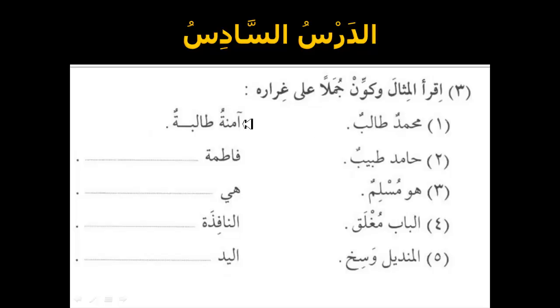No ta marbuta. So here Amina has a ta marbuta, or it could be a word that's feminine in and of itself. So therefore the adjective will also need to be feminine. Talibatun.